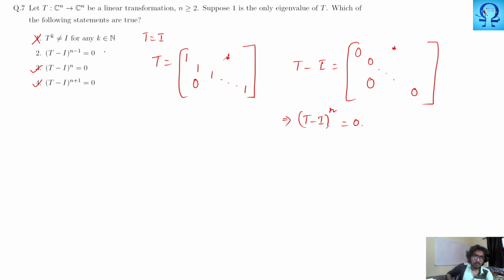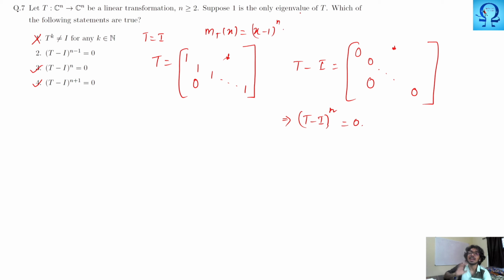Now option 2 can be true or not, that is the question. Let us examine the case where the minimal polynomial of this T is (x minus 1) to the power n. Which means what?